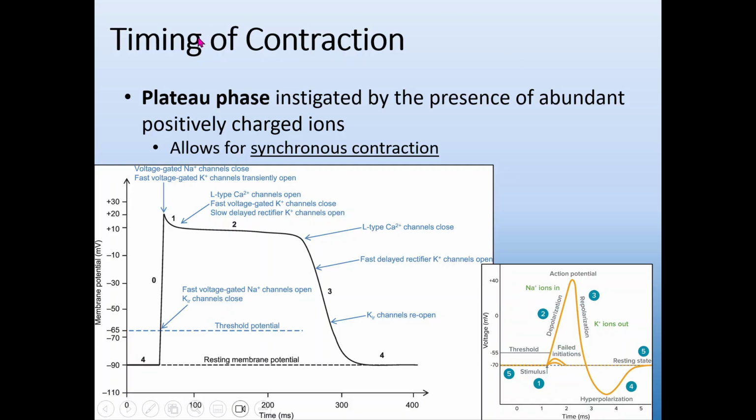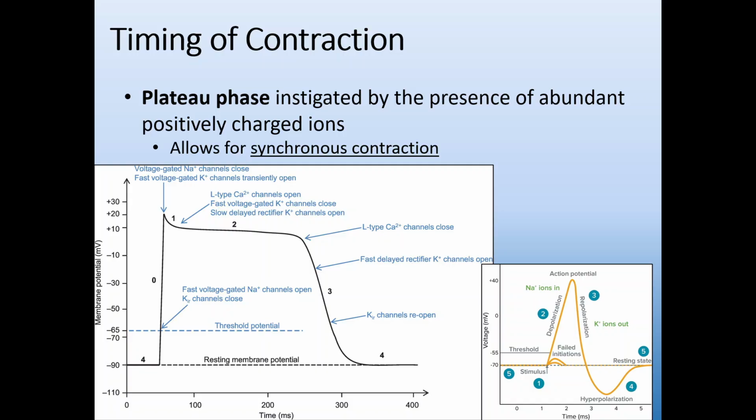And then the last major difference of cardiac muscle compared to skeletal muscle is that in our action potential, we go up, we've depolarized, and rather than immediately dropping back down like we saw in skeletal, there's a plateau phase. This is caused by an influx of positive ions. I'm not giving you the details here, you don't need to worry about the detail.